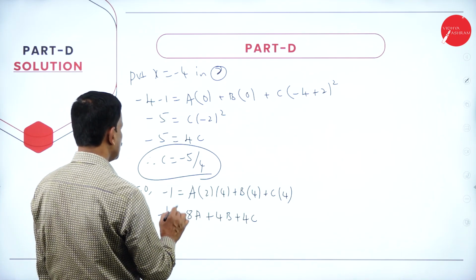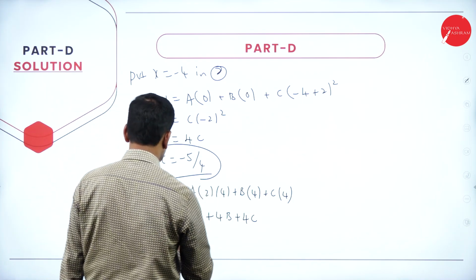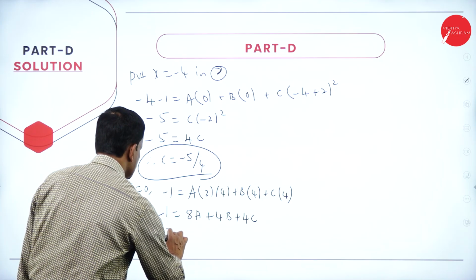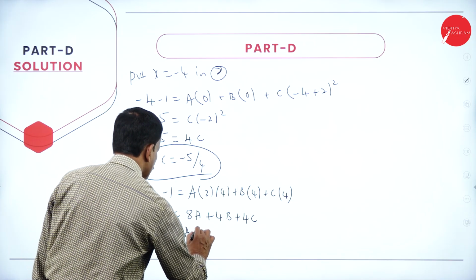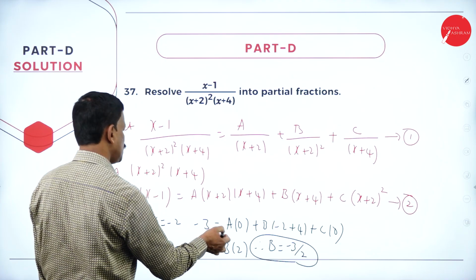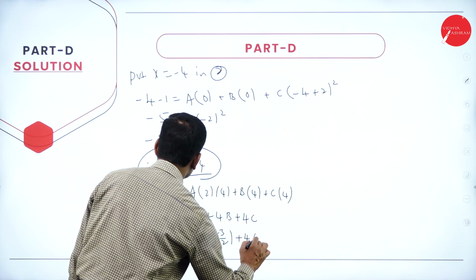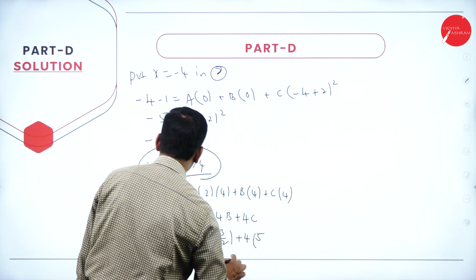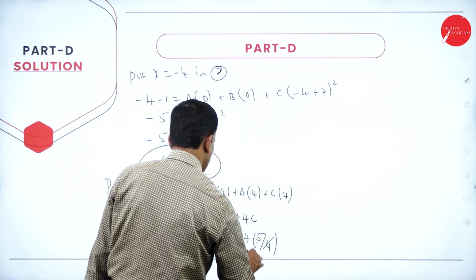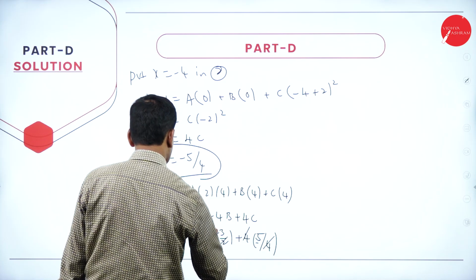So what is to find is A here. Minus 1 is equal to 8A plus 4 into B, B is minus 3 by 2, plus 4 into C, C is minus 5 by 4. 4 gets cancelled, 2 and 2 get cancelled.